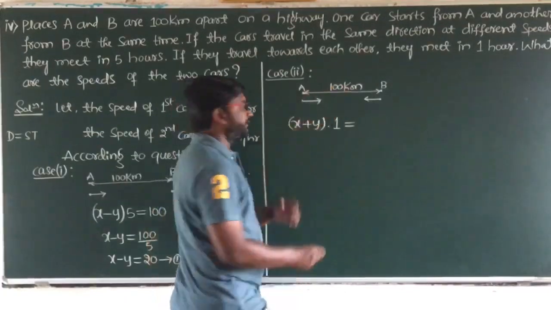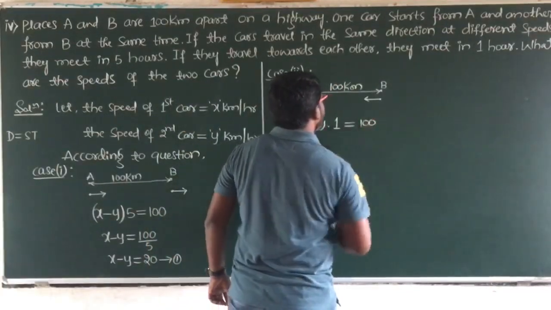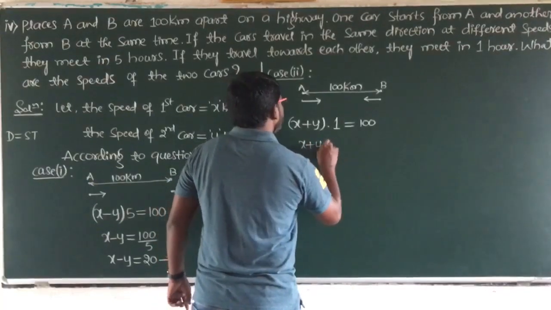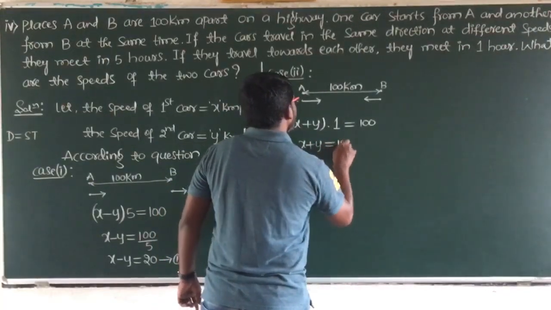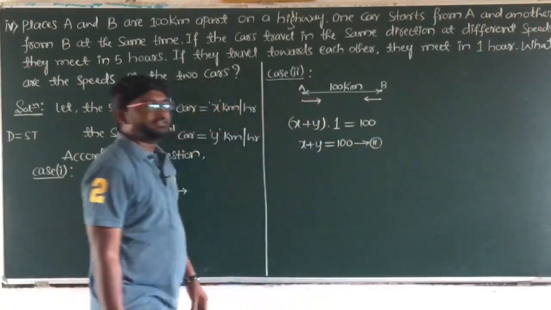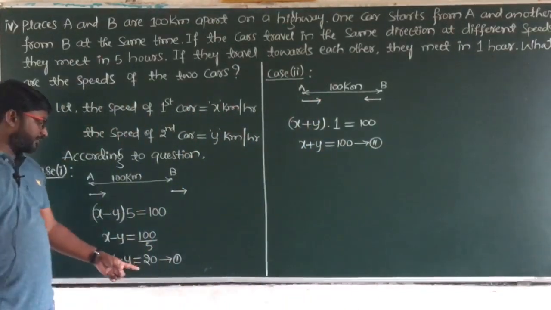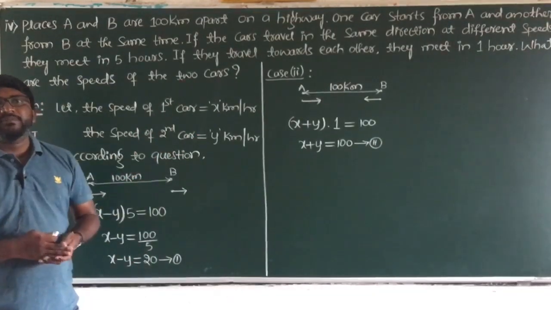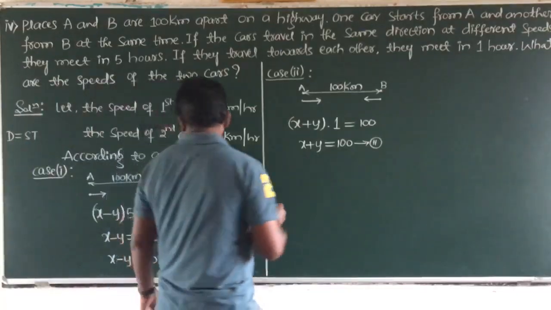It is the same thing, 100 kilometers. So x plus y into 1 is x plus y, which equals 100. I call this equation number 2. Now we have to solve equation 1 and equation 2 by any one of the algebraic methods to get the values of x and y.